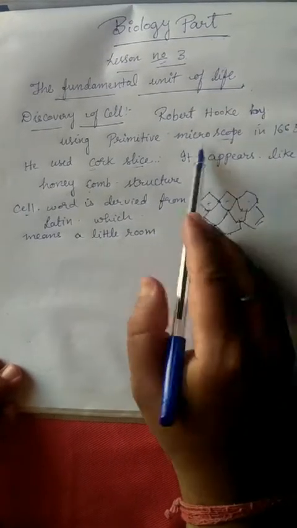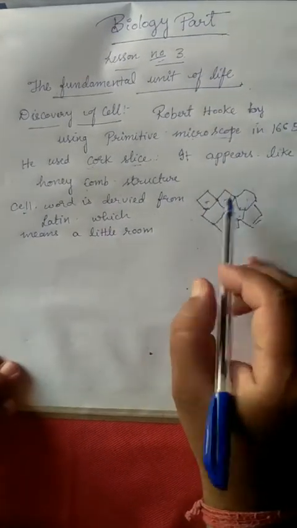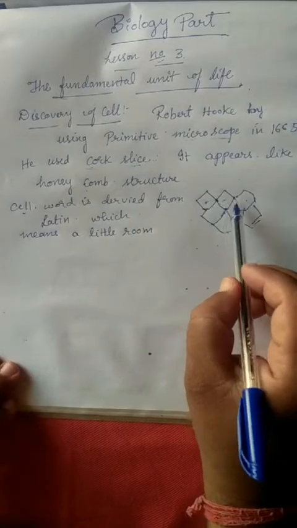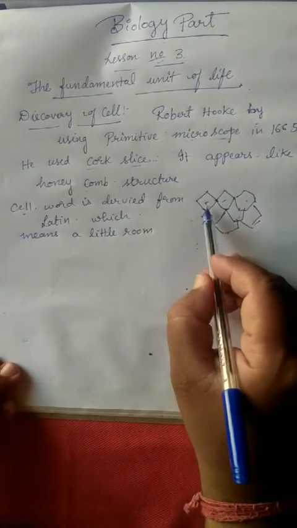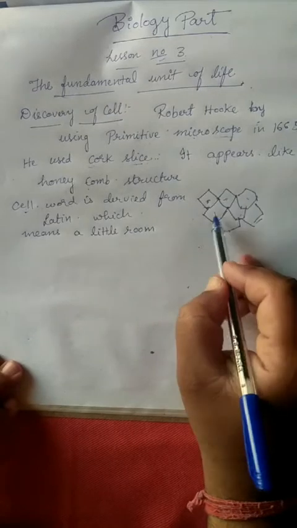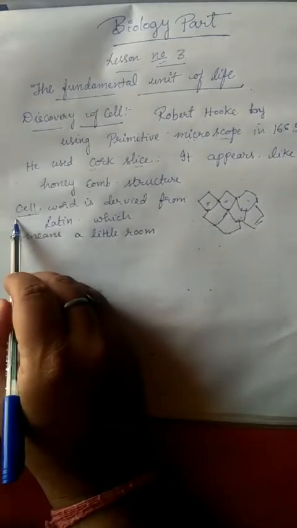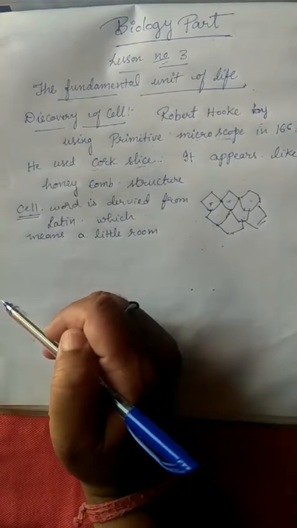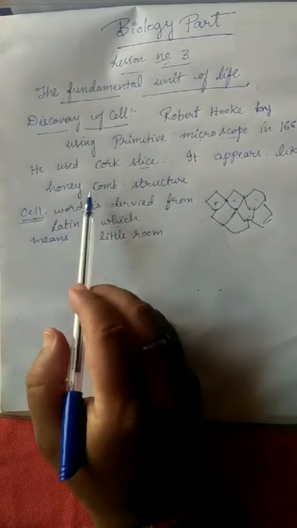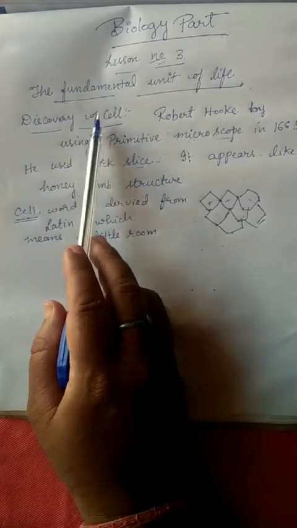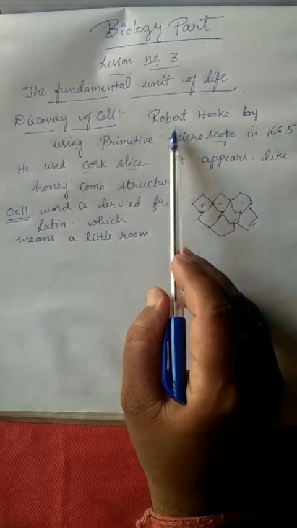When he observed through the microscope, it appeared to be honeycomb-like structures, which looked like little rooms. So he gave the name cell. This is how the cell was discovered by Robert Hooke.